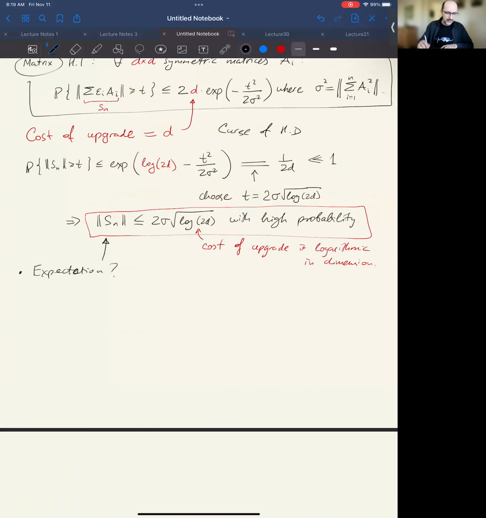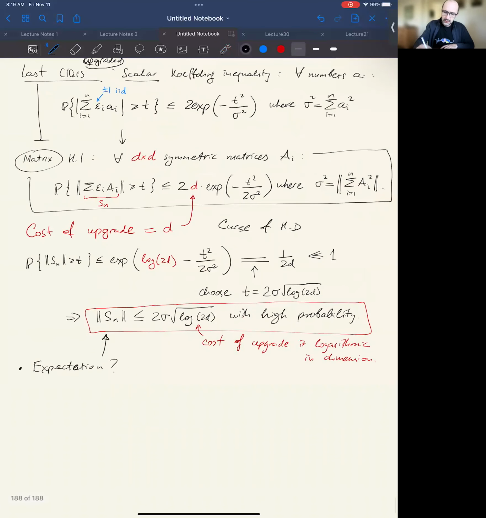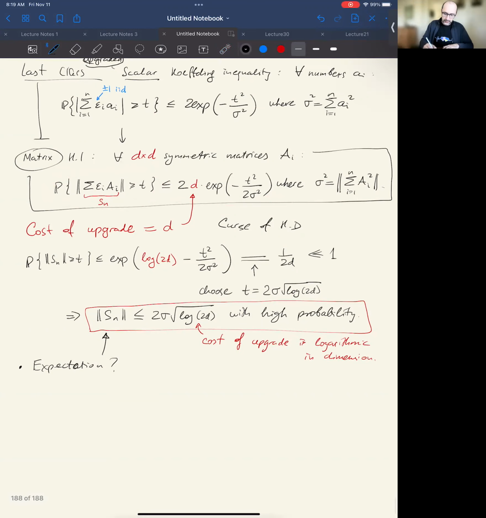So we would like to take the expected value of Sn. How do we do this? What we know is the tail bound, like this, and we would like to take expectation. So here we will apply the integral identity, a very useful one that we studied maybe in the second or third class: for any non-negative random variable Z, you can take the expectation by integrating the tail.